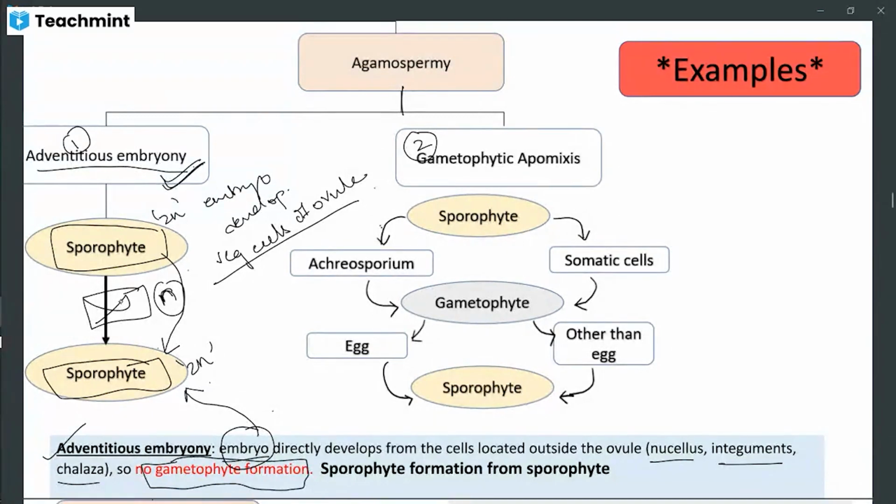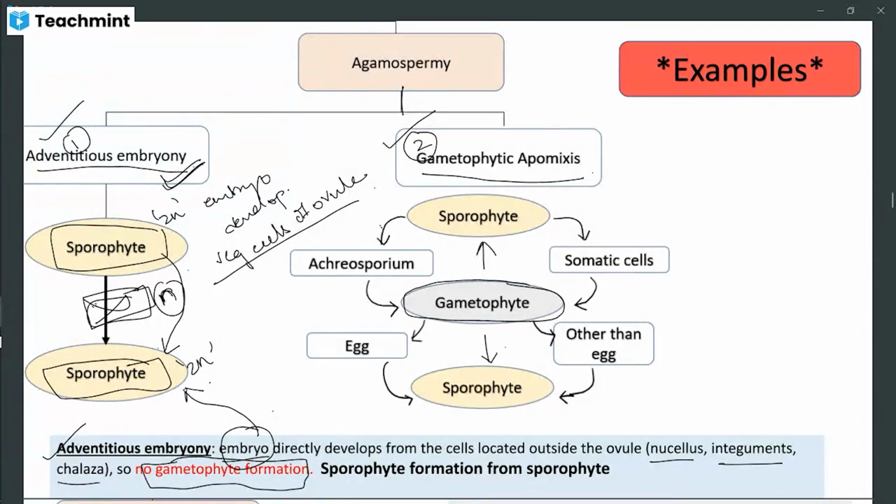This is the main difference between adventitious embryony and gametophytic apomixis. In gametophytic apomixis, there is a gametophytic stage which intermediates between two sporophytic stages.